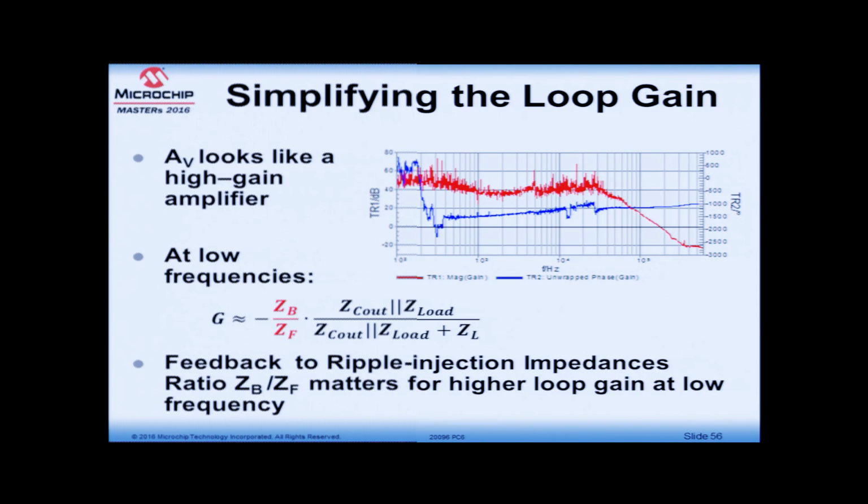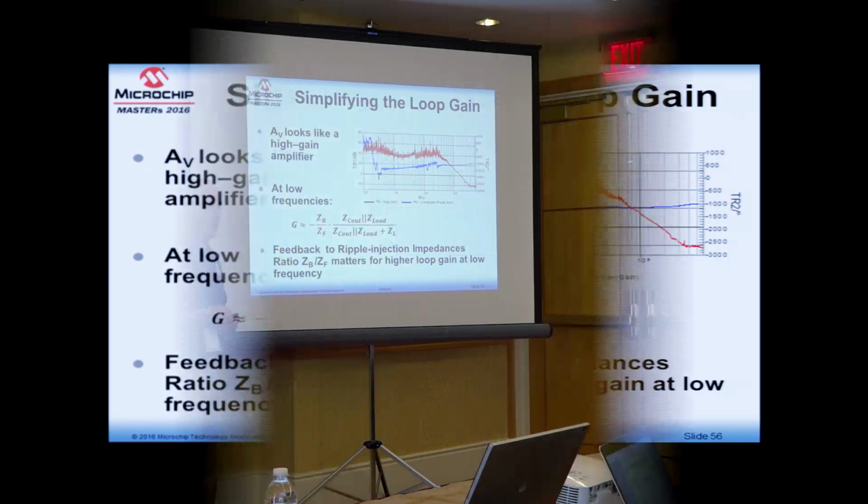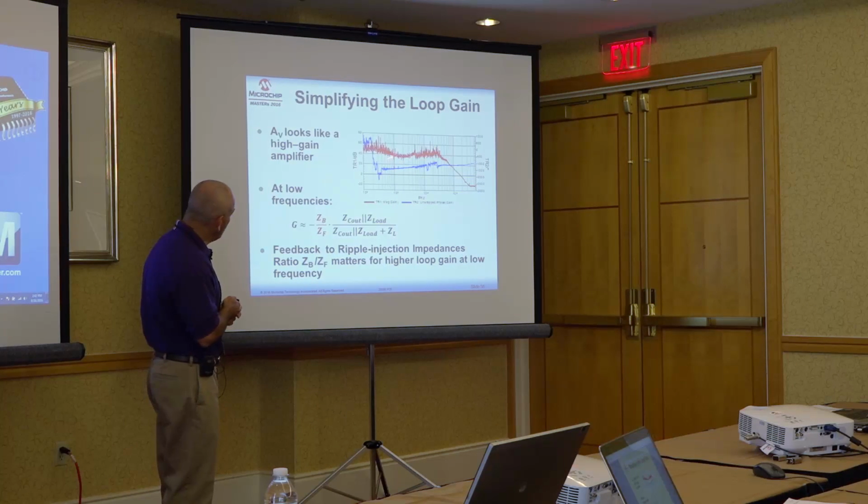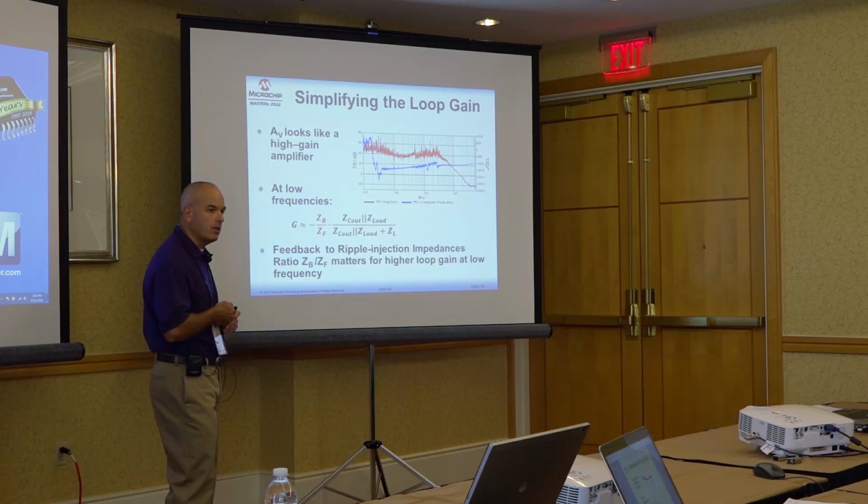Well, it's a kind of noisy measurement, so the phase may look crazy, but the magnitude of this measurement tells you one important factor: AV looks like a high gain amplifier up to a fairly high frequency.